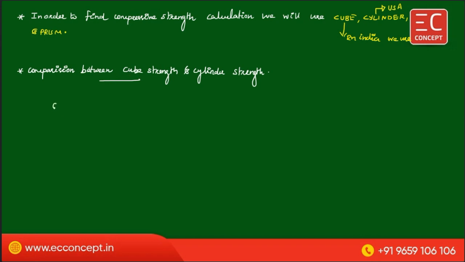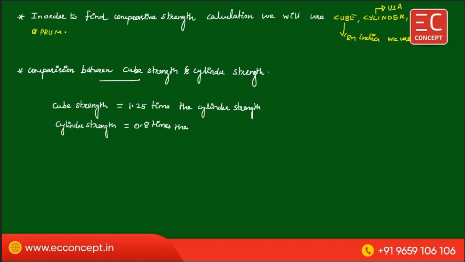Generally, cube strength is equal to 1.25 times the cylinder strength, or you can say cylinder strength is equal to 0.8 times the cube strength.